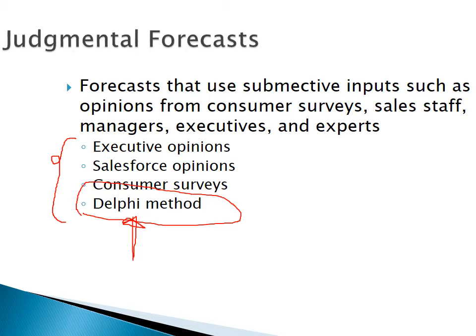These are not data driven, these are more individual driven. But you should concentrate more on the Delphi technique and read more on how to actually execute the Delphi method.